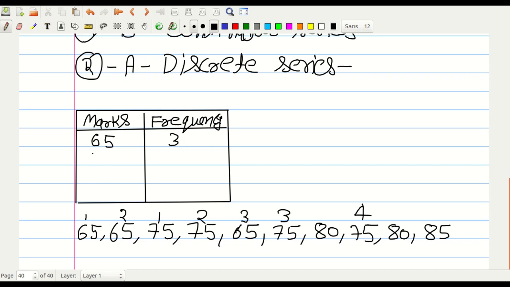So you will write 75 4 times, 80 1 time, second time, so 80 you will write 2 times, and finally 85 has come only 1 time, so 1 time. So this is called discrete series in group data.